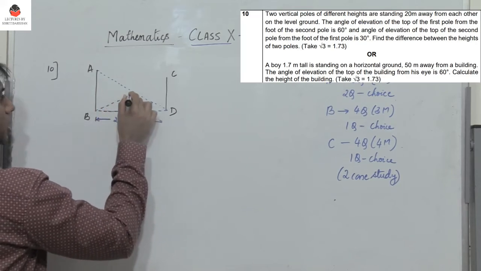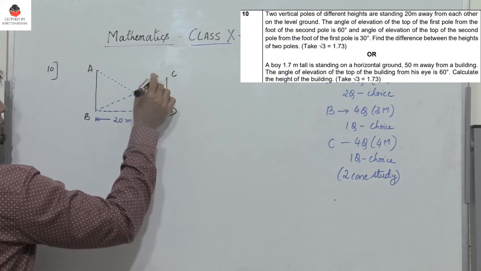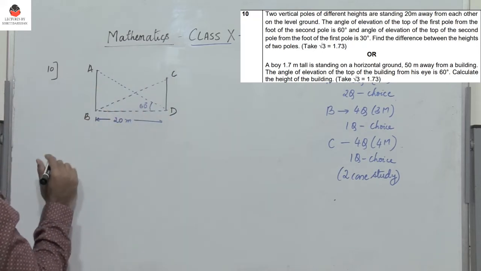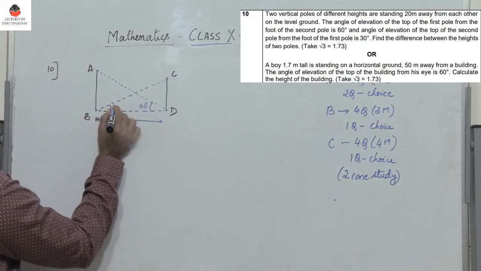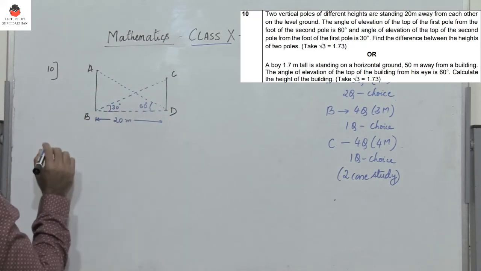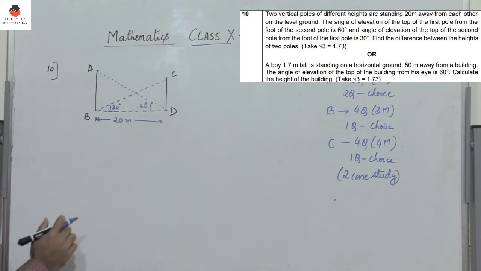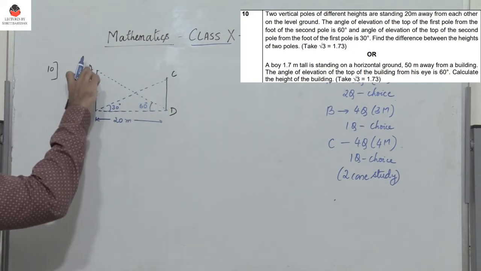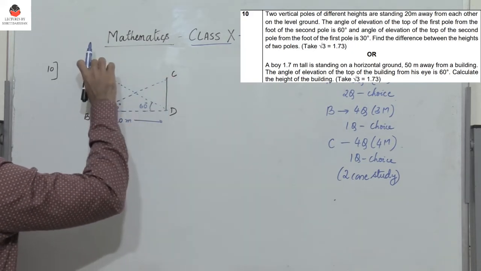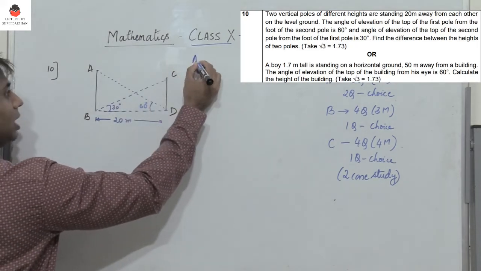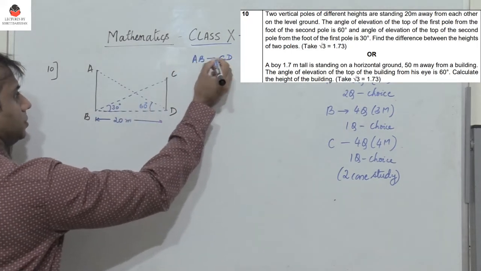Similarly, the angle of elevation of the top of the second pole from the foot of the first pole is 30 degrees. We need to find the difference between the heights of the poles. That means I need to find AB, find CD, and then find the difference AB minus CD.